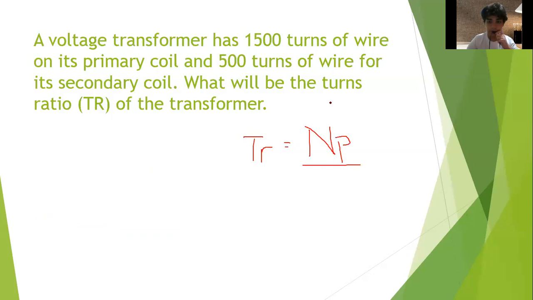NP, the primary, is 1,500 turns, and our secondary coils, NS, will be 500 turns.